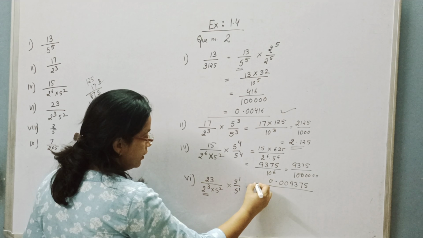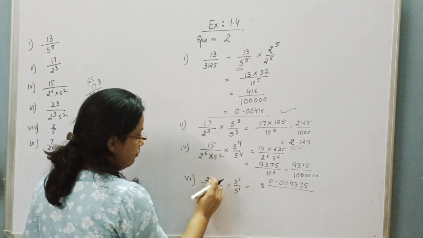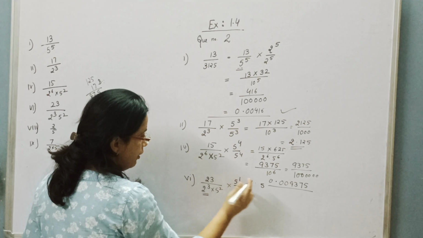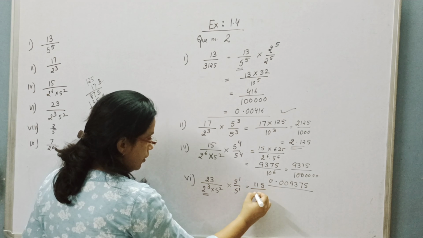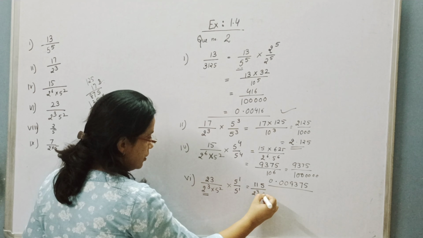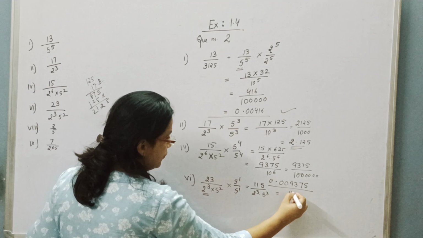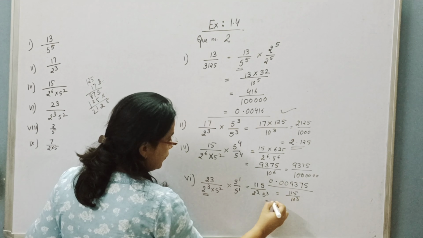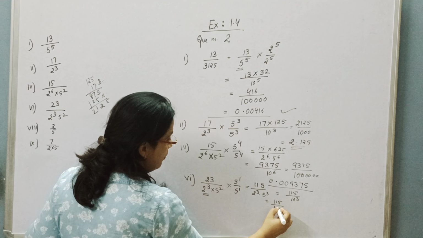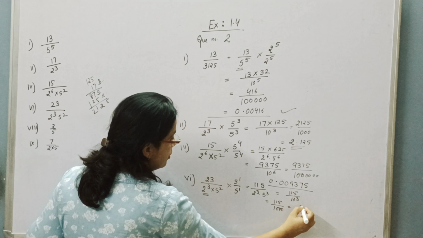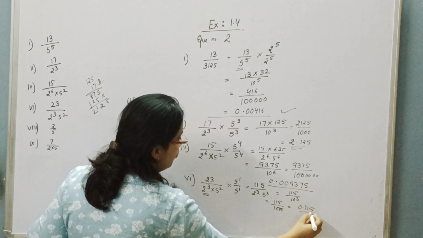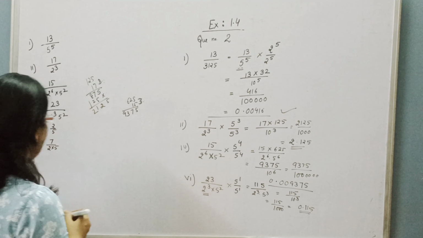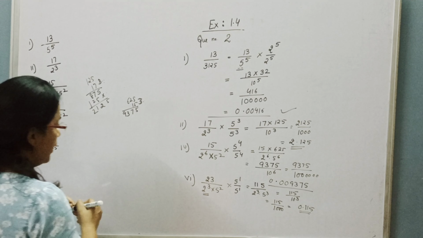So 23 into 5: 3 fives are 15, 5 twos are 10, 11. That gives 115 over 2 raised to power 3 and 5 raised to power 3, that is 10 raised to power 3. 115 divided by 1000, so the answer would be 0.115.